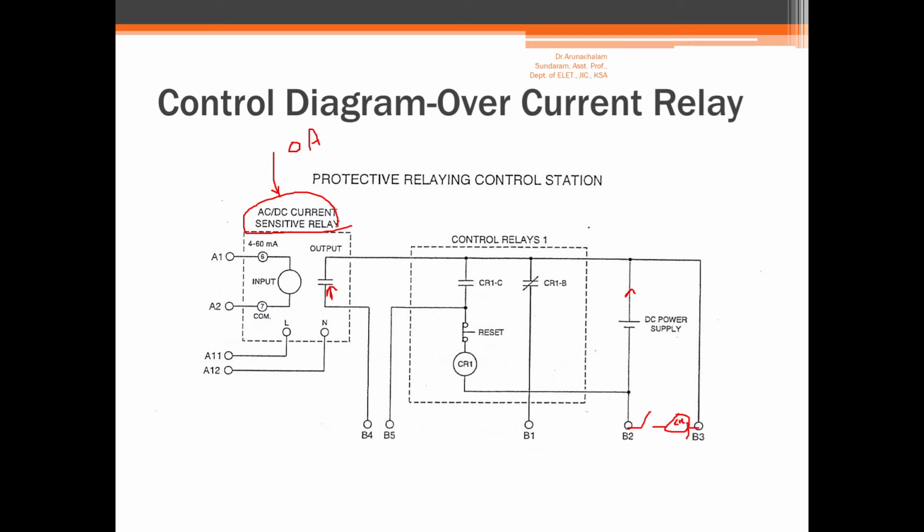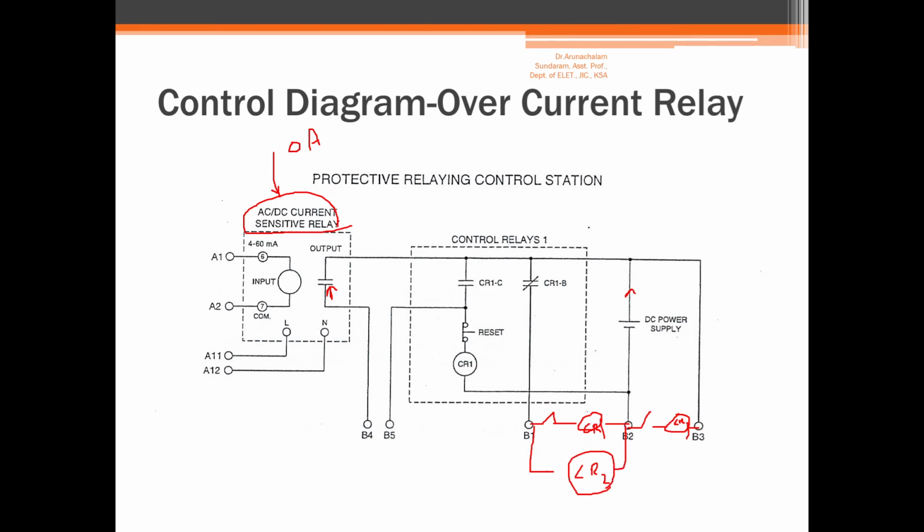Then there are two connections, one for CR1 which is manually controlled, and another one called CR2, which is automatically controlled without a switch. So this is CR1, this is our CR2 and this is the winding.